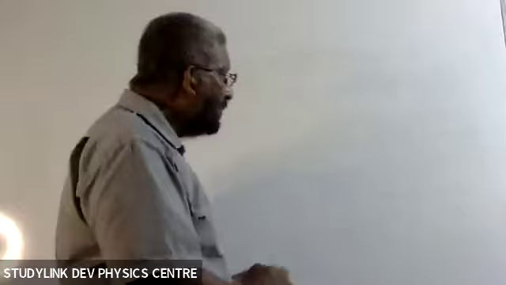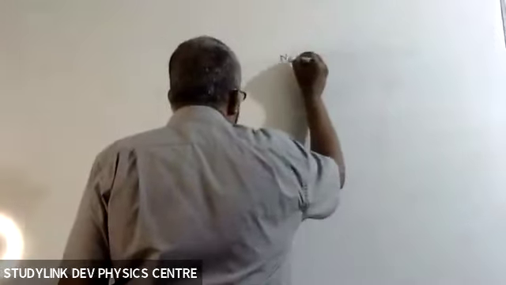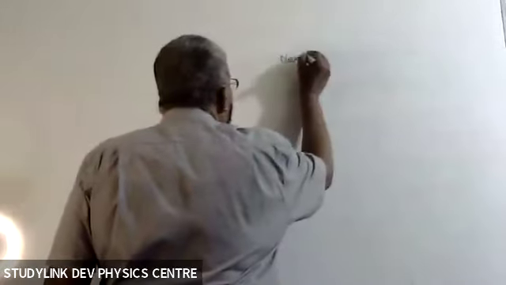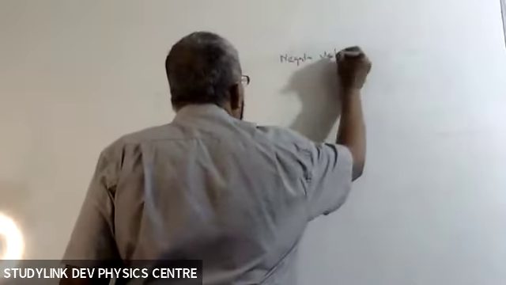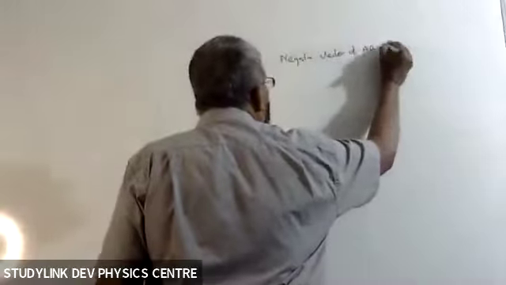Now we'll consider that. First of all, we'll consider the negative vector of AB is PQ.